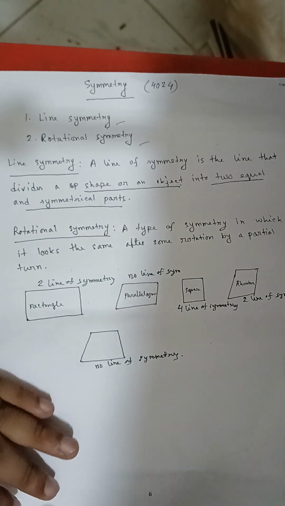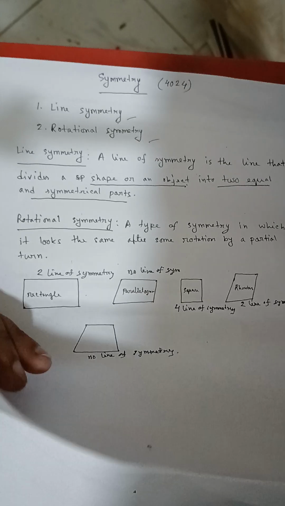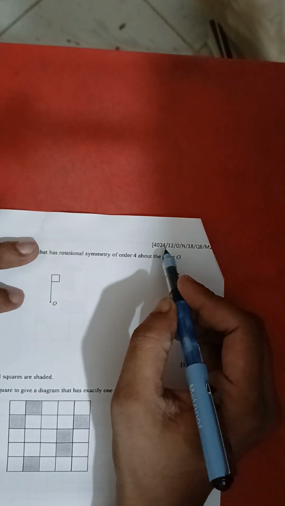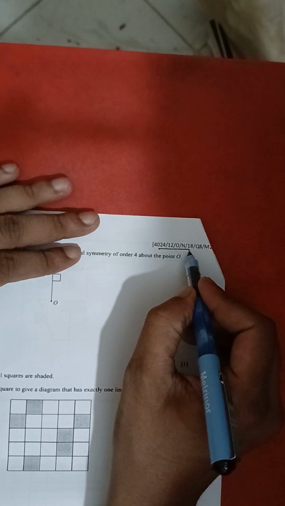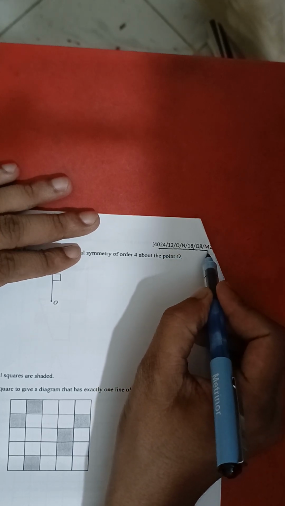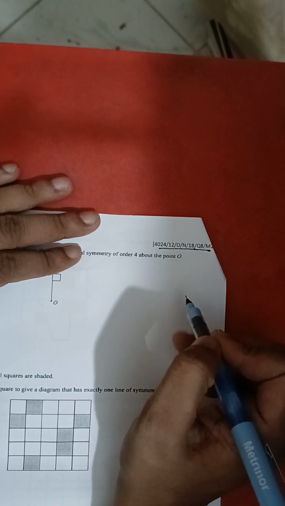Now I will discuss a question from a past paper. In number 6b, it is the question of 4024, 12 variant, October November 18, question number 8, marks 2. It has 2 marks.